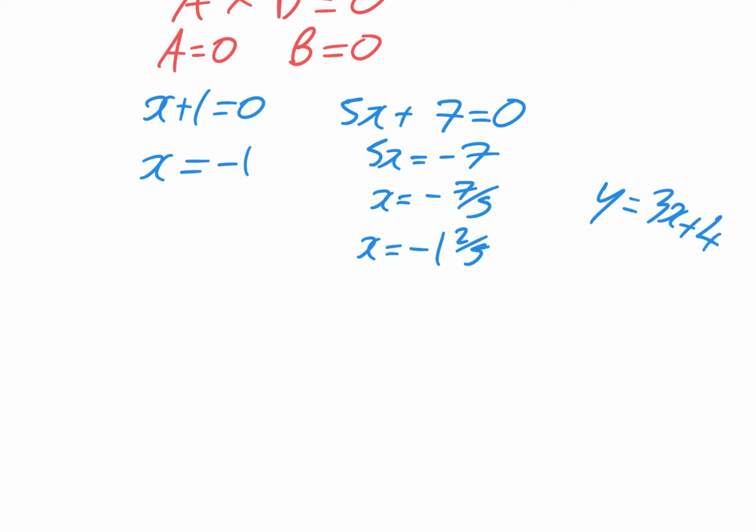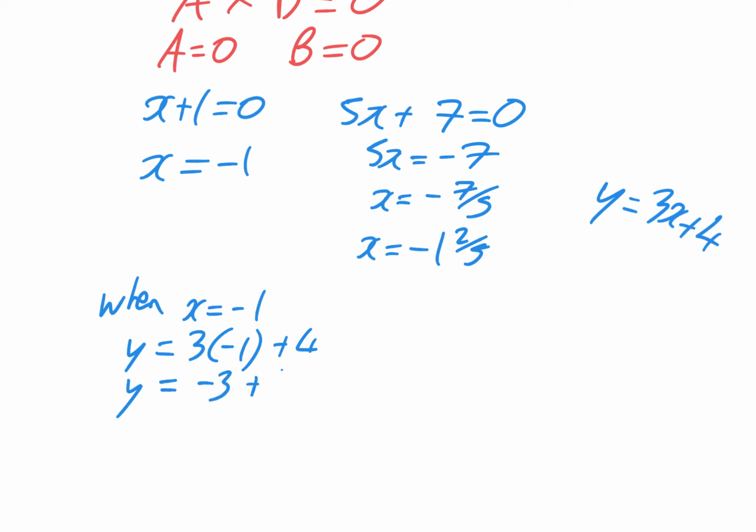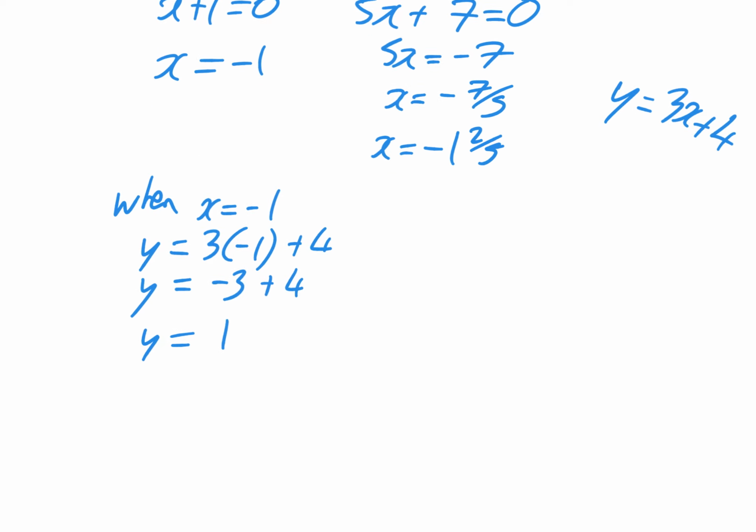So I would just say then, when x is equal to minus 1, y is equal to 3 times minus 1 plus 4. I'll just show a wee bit of working out, doing this without a calculator here. So y is equal to minus 3 plus 4, which means y is equal to plus 1. So one of my solutions is x equals minus 1 and y is equal to 1.